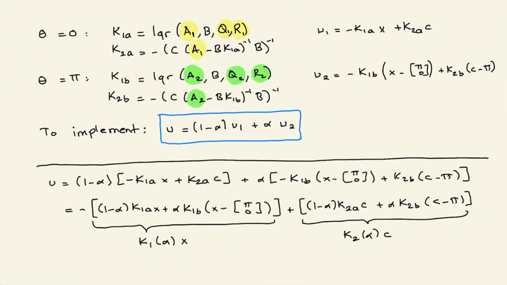To find that form, basically, let's take U1 and U2, put it here: 1 minus alpha multiplied by U1, alpha multiplied by U2. You can arrange the terms to obtain this. This is the K1X structure. And basically, you can arrange the remaining terms to obtain this structure.